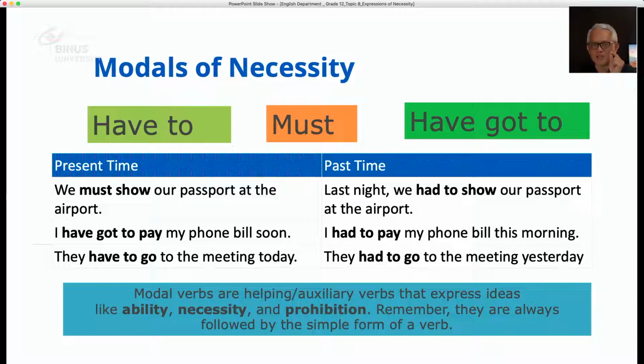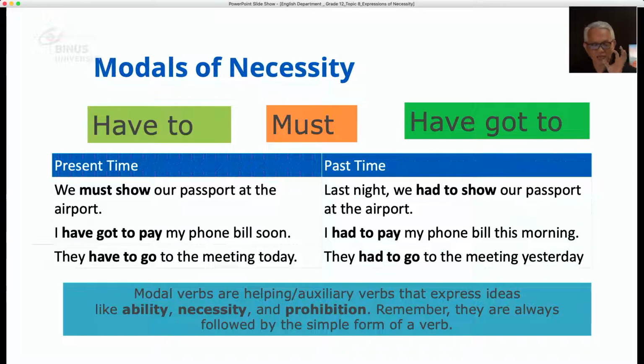You don't say musted, because it doesn't have a past form. So it has to be changed into had to. Last night we had to show our passport. So you don't say, last night we musted show. No, we don't say that. Must doesn't have the past form.